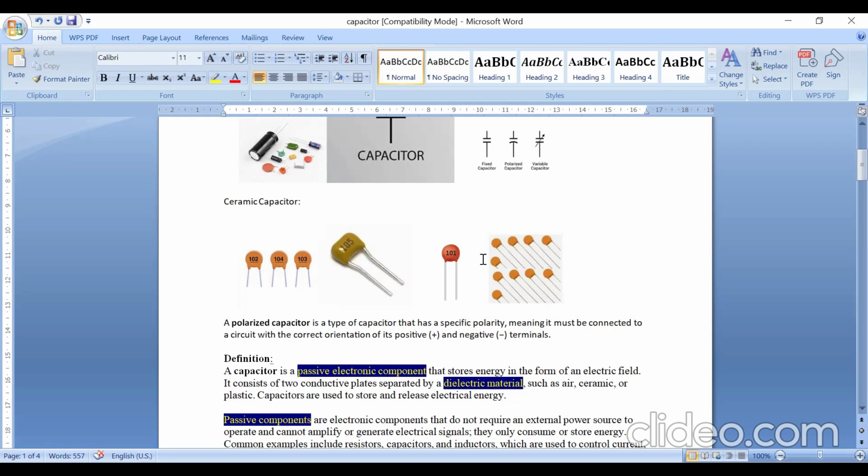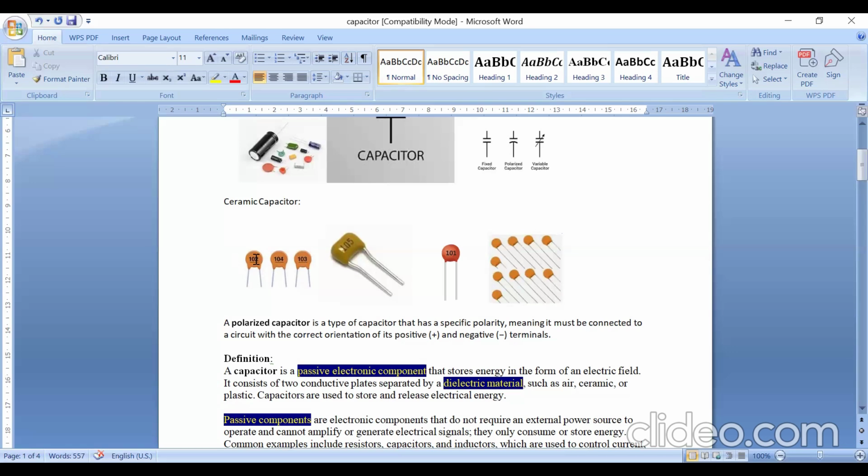These small capacitors have three numbers on them, sometimes only two numbers. If there are only two numbers instead of three, you have to read the value directly as picofarad. For example, if the number 10 is written on the capacitor, its value is 10 picofarad.